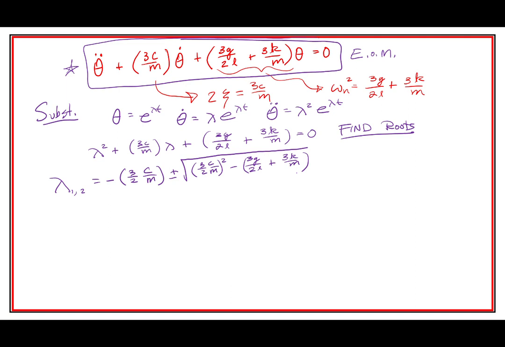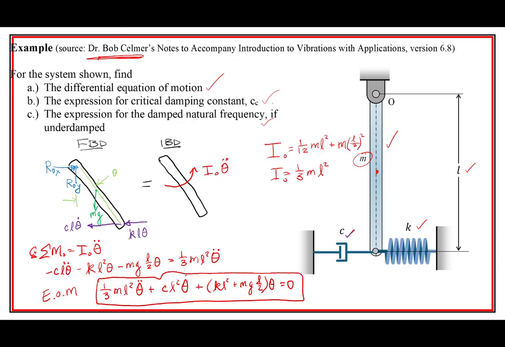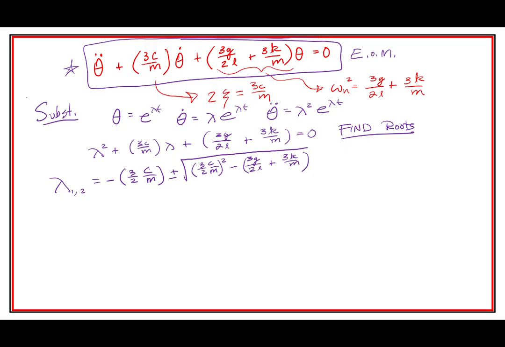So if you were going to have critical damping, one of the things we're being asked is the expression for the critical damping. Critical damping occurs when these two things equal each other. When they equal 0 is when the damping is critical.